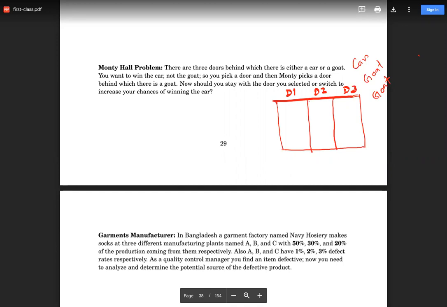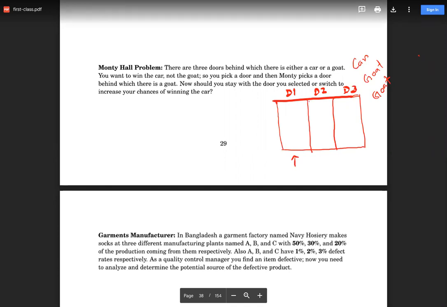Now, let's go ahead and look at this problem. The way this game is played is this. As a player, at the beginning, you pick one door. One of the 3, it doesn't matter. Let's say you pick door 1. Then the host of the game, Monty Hall, is going to pick one of the other 2 doors.